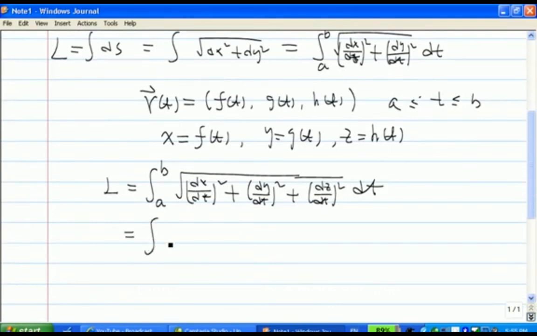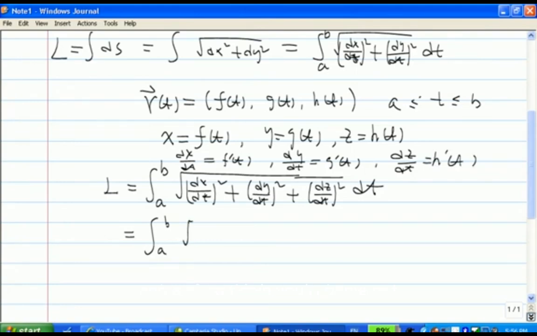And from here you can see dx/dt gives you f prime of t, right? And dy/dt gives you g prime of t, and dz/dt gives you h prime of t.